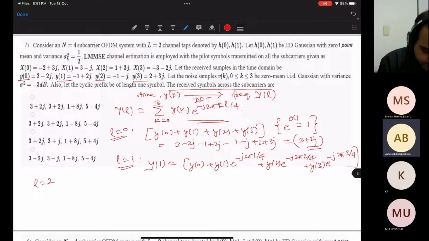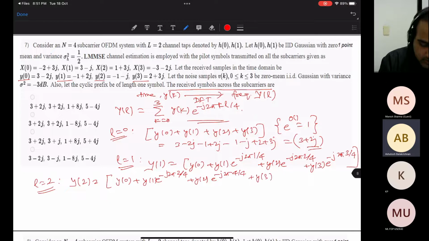For L is 2, Y of 2 is y0 plus y1 e to the power minus j 2 pi 2 by 4 plus y2 e to the power minus j 2 pi 4 by 4 plus y3 e to the power minus j 2 pi 6 by 4.